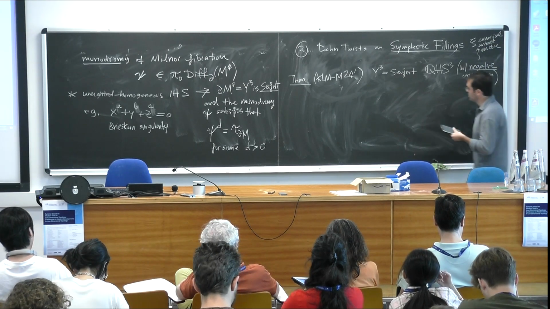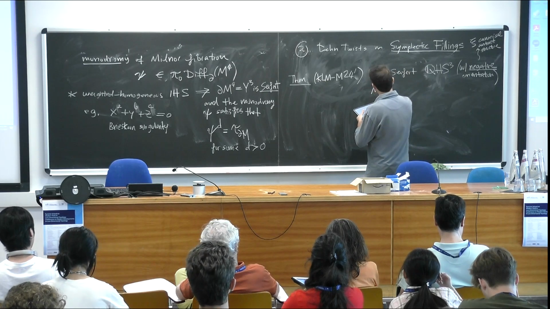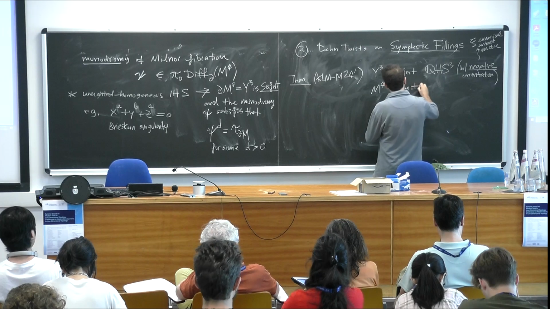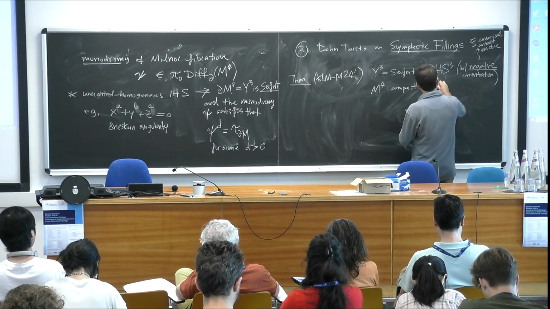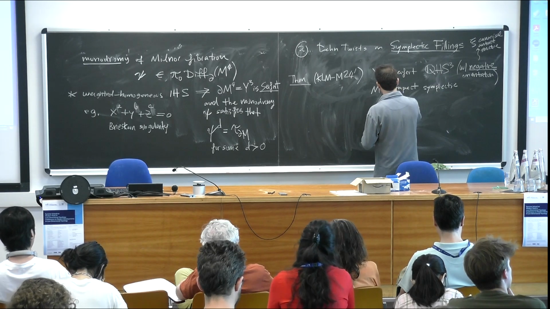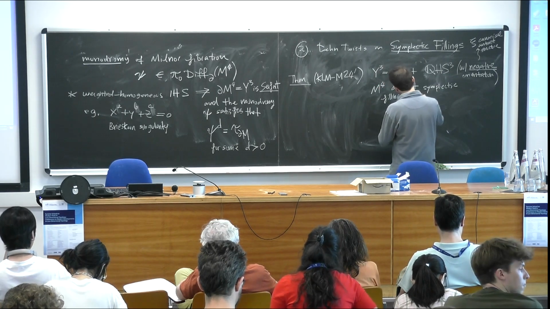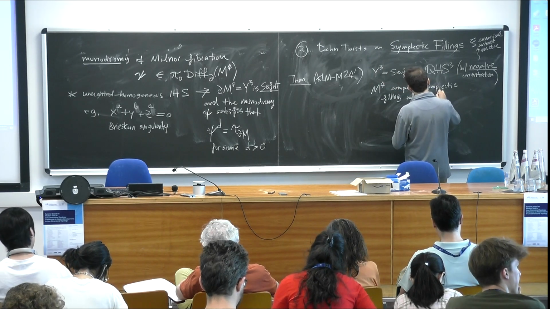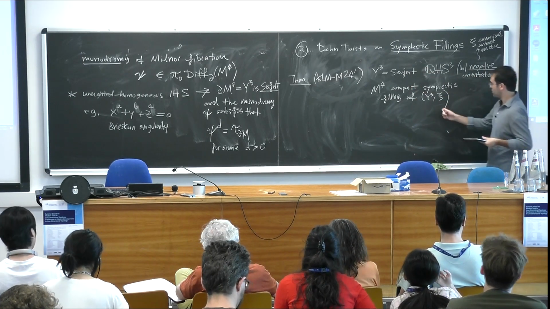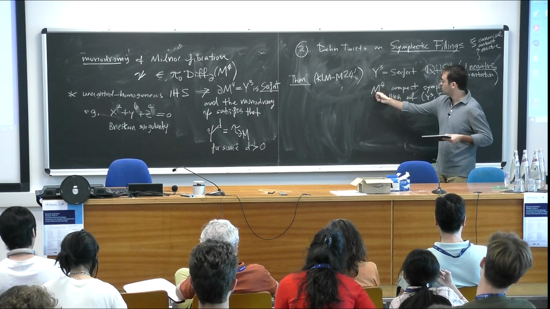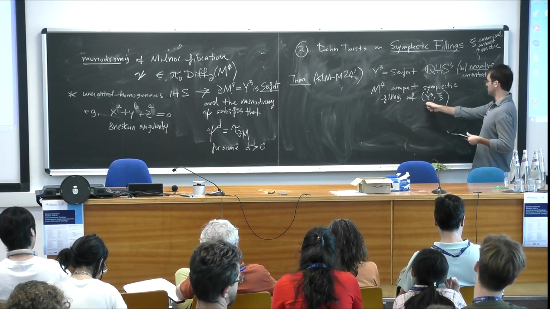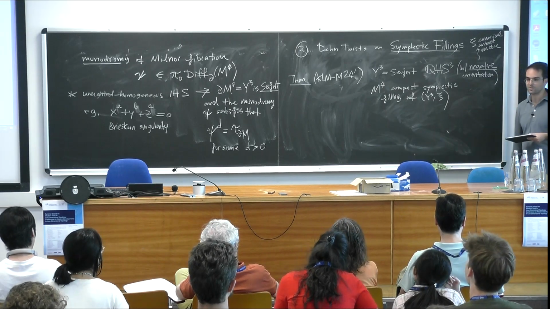Okay, and then I consider N^4. This is going to be a compact symplectic filling of Y^3 equipped with the canonical contact structure. Namely, there's a symplectic form on this 4-manifold which near the boundary is modeled on the symplectization of this contact structure.